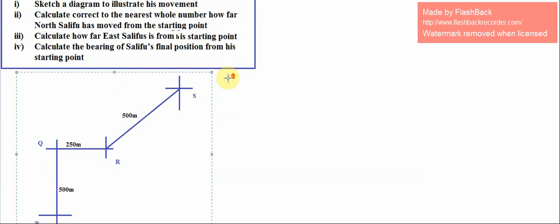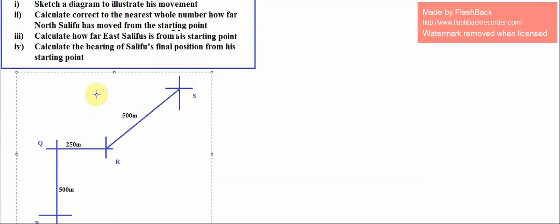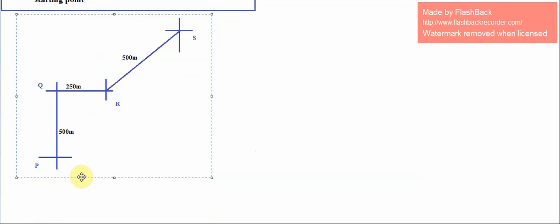Now let's go to the next sub-question. It says we should calculate, correct to the nearest whole number, how far north Salifou is. When they are asking how far north, you have to extend the north part of P until you become at par with the final position. Let me just illustrate it for you to see how far north will imply.